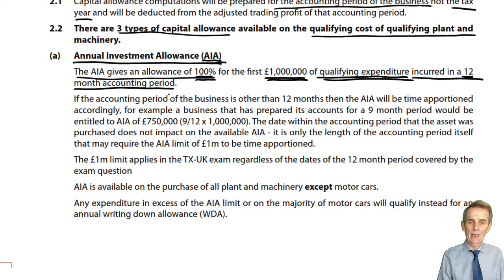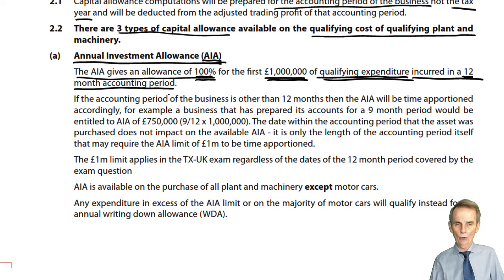So as we'll see in the next paragraph, clearly, if we do not have a 12-month period, we have either short or long, we either net down or gross up, we time apportion that £1 million to suit the length of that period of account.